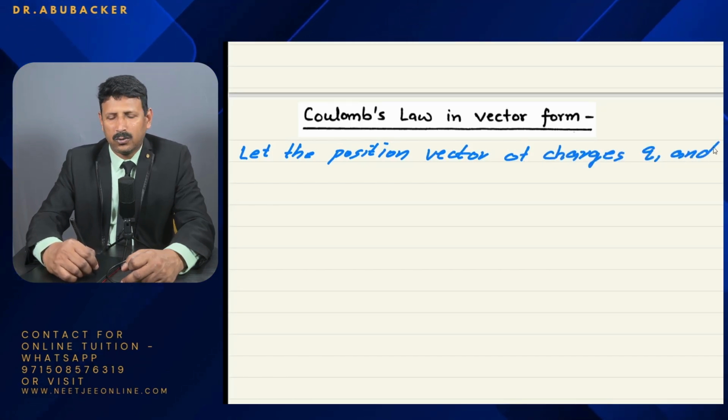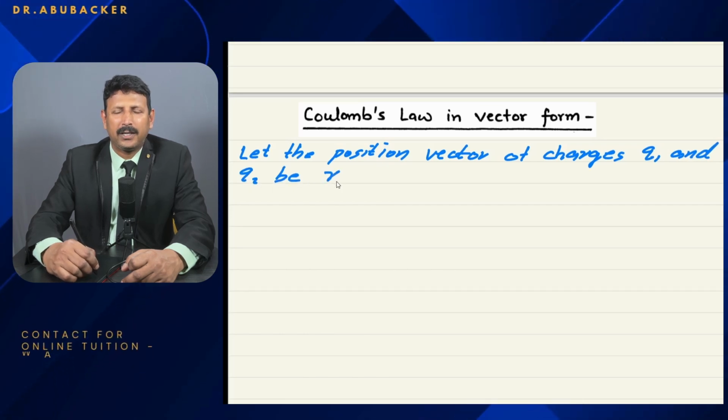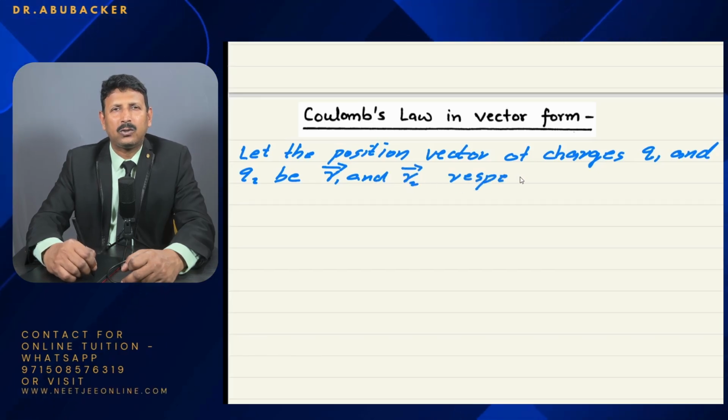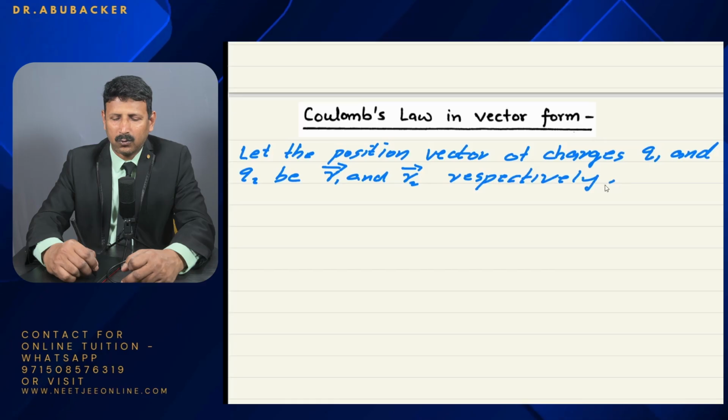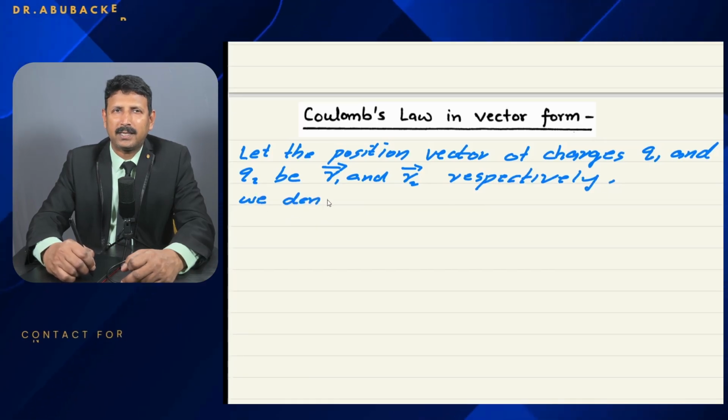We denote the force on Q1 due to Q2. This is the place we get confusion actually. The force on Q1 due to Q2 is presented as capital letter F12, where 12 stands for force on first by second.